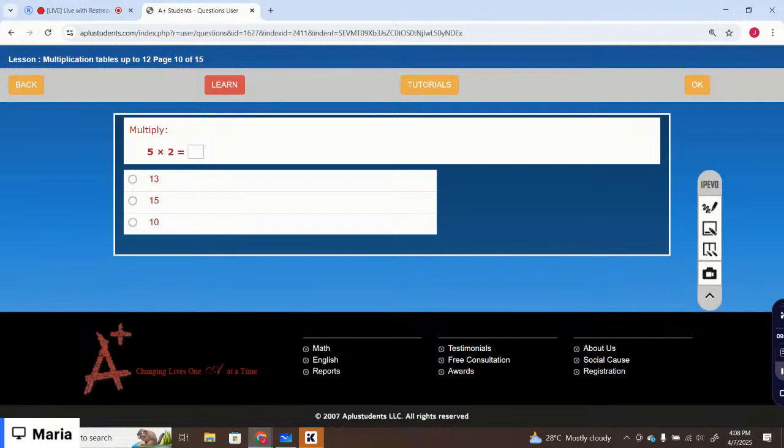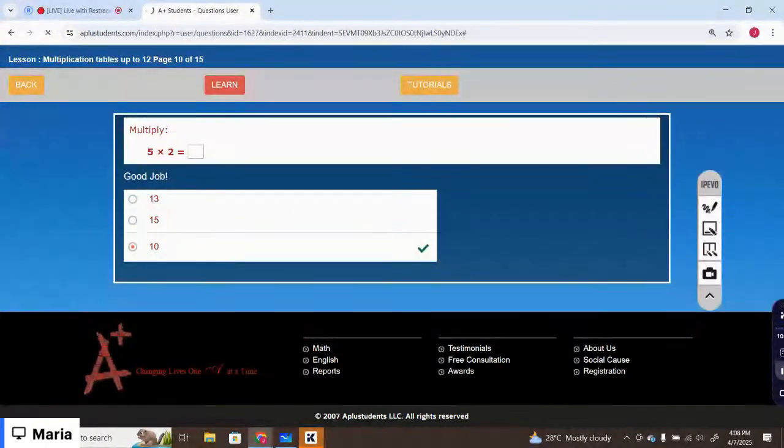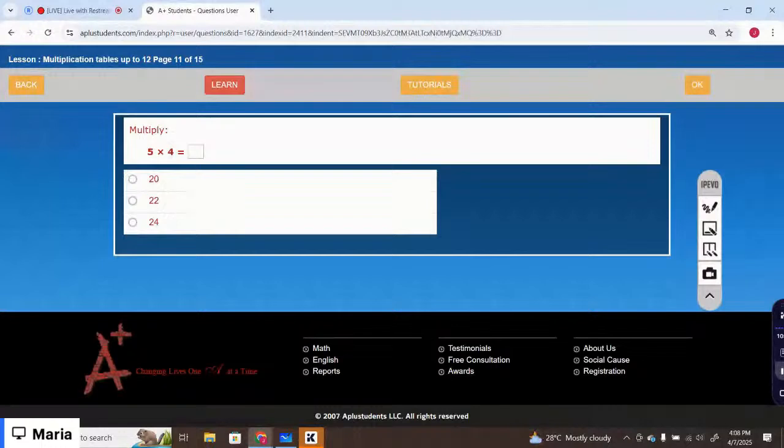Five times 2. 5 times 2 is 10. Option number 3 is the correct option. 5 times 4, which is the correct option. Very good. 5 times 4 is 20. Option number 1 is the correct option.